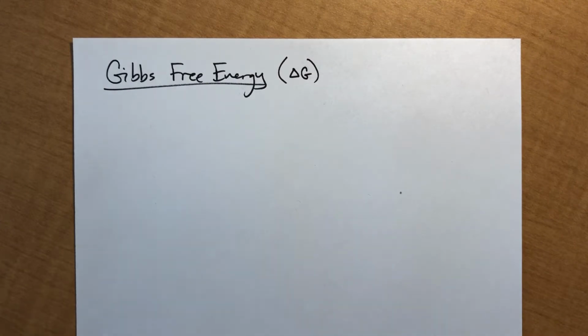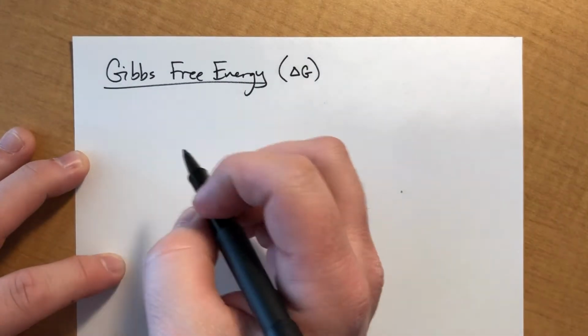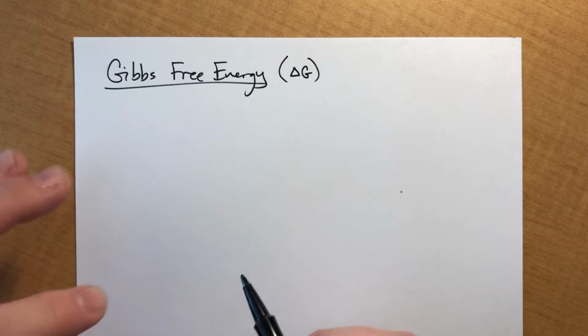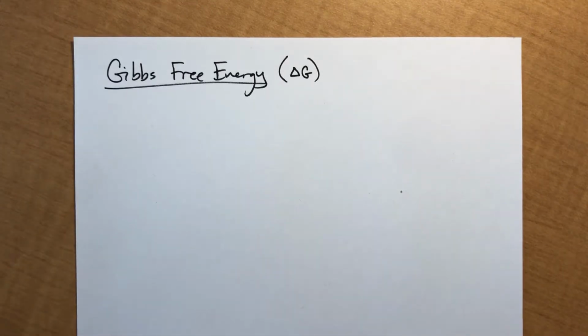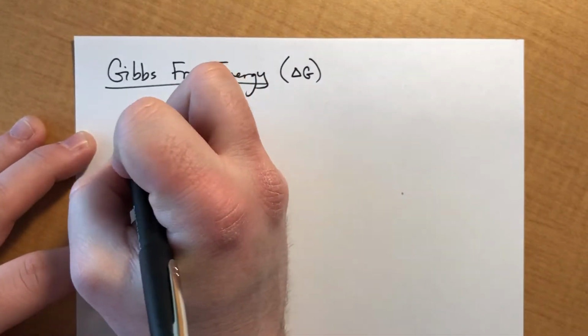Okay? So the backstory that we've seen up to this point is that one of the laws of thermodynamics is that for all spontaneous processes, the delta S of the universe has to be positive. So let me write that out.